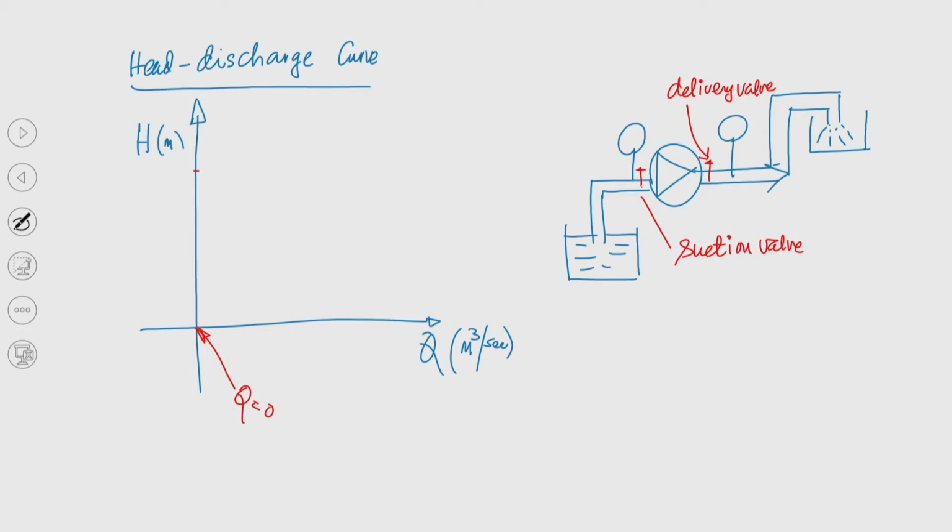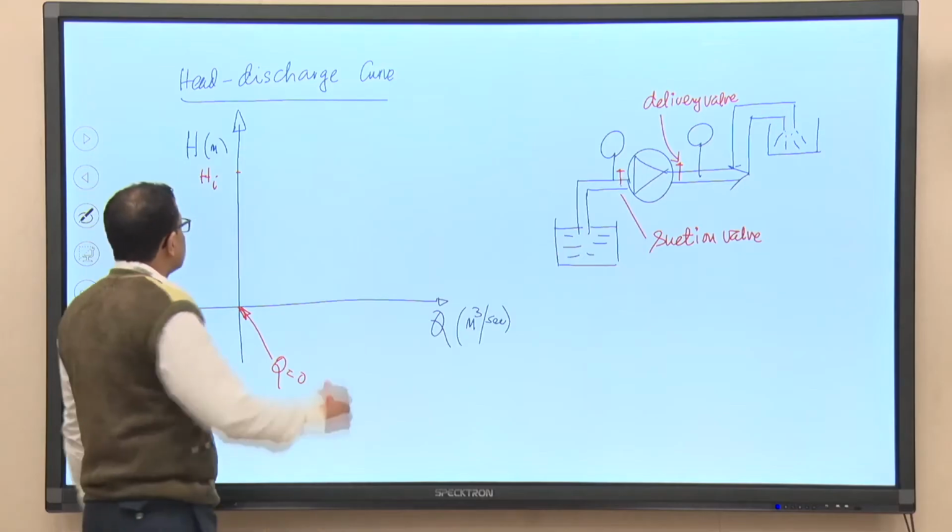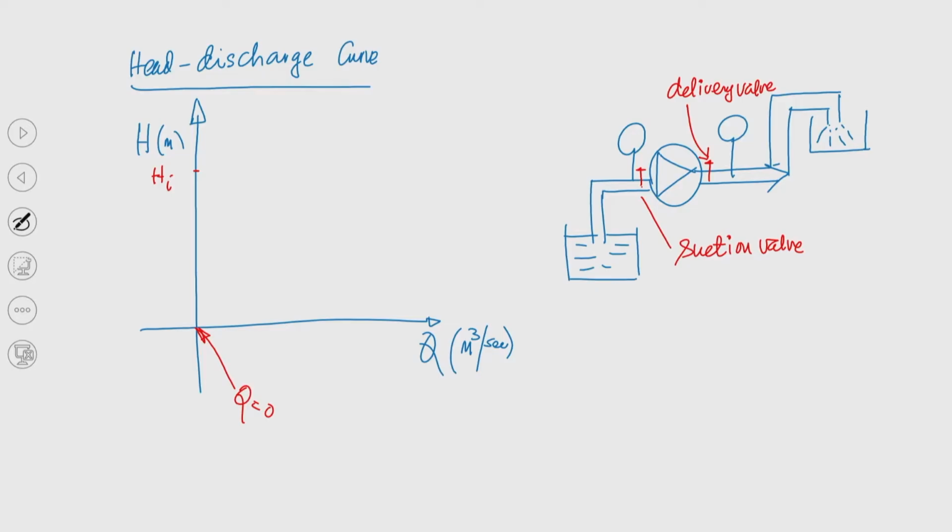Say this is H I. So, when the pump is started, there is no discharge from the pumping station, and the head corresponding to Q equal to 0 is the H I, and that is known as shut off head. So, this H I, or I can write this H S, this H S is the shut off head.